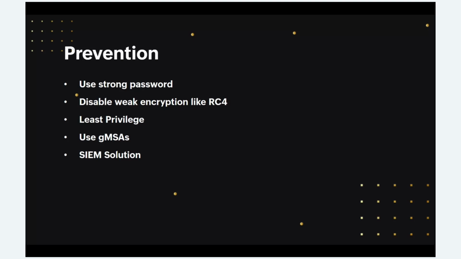Since most Kerberoasting attacks utilize RC4 encryption, it's always advisable to disable RC4 encryption. Therefore, it will become much more difficult for hackers to get the password and decrypt it.